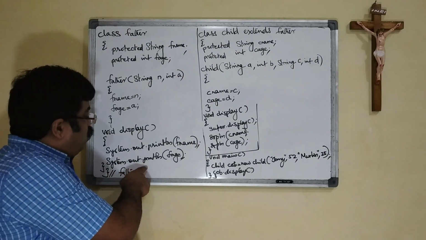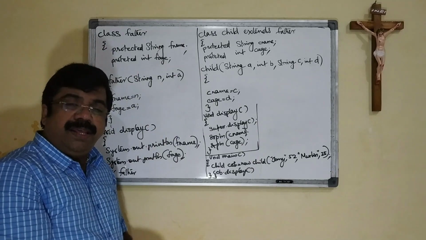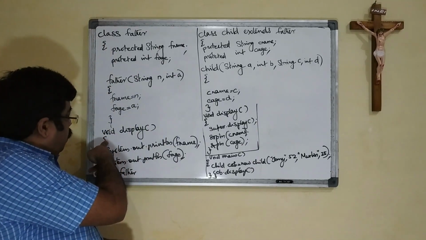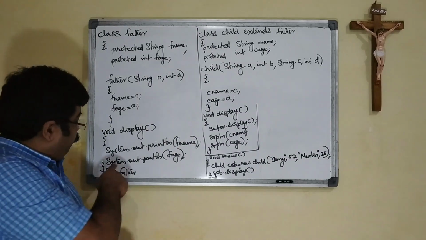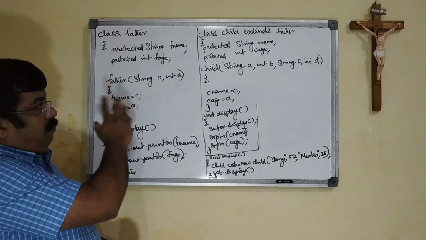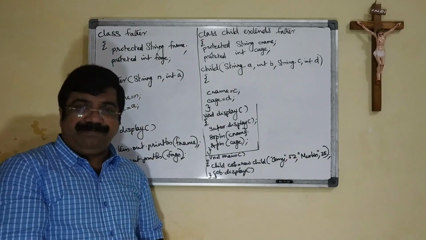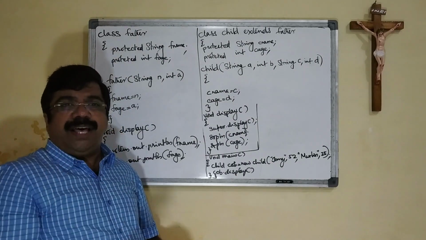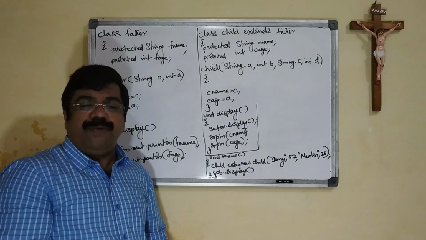System.out.println of f_age, the father's age also is displayed. Our display function is over and the class is over. This you have to write in a script, combined. When no errors are there, the program will be compiled.